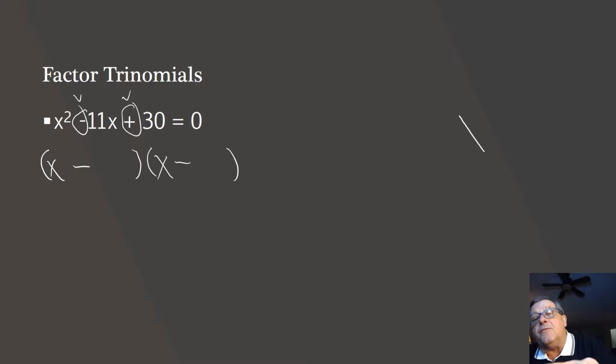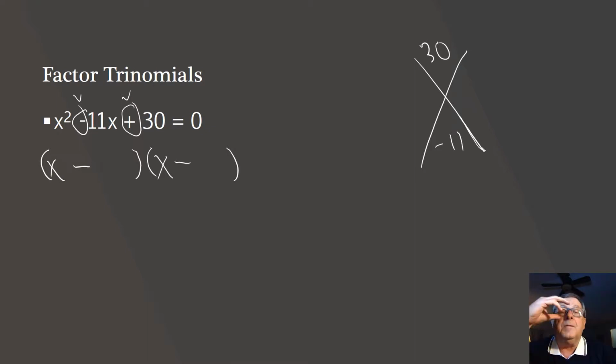And so I'm looking for two numbers, let's say, that are going to multiply to 30 and add to negative 11. Well, let's see, 30 and 1, that's not going to work. 15 and 2, that's not going to work. But 5 and 6 is going to work. 5 and 6.